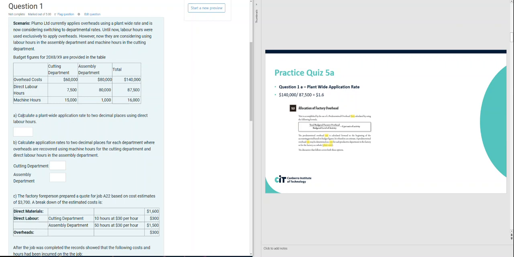So part A, calculate a plant-wide application rate to 2 decimal places using direct labor hours. We will look at the right-hand side of the screen right now, which is a set of notes I prepared for you. You will see on the screen the calculation breakdown, but more importantly, a screen capture from your textbook.